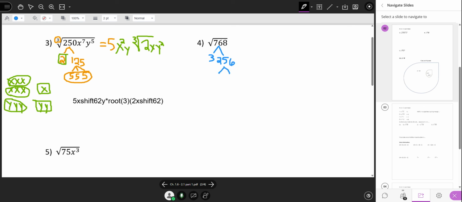Now I'm going to divide by 2. And that gives me 128.